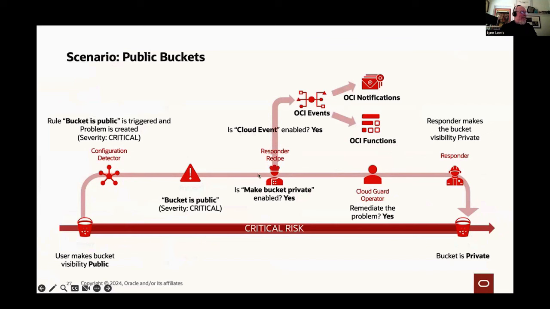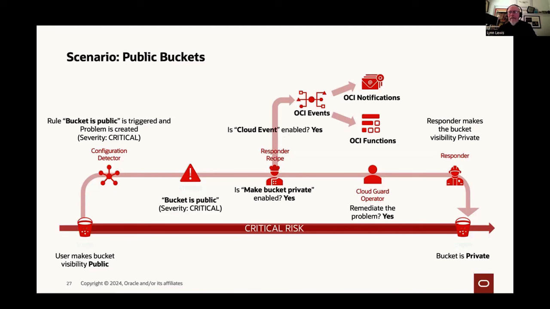And depending on the problem, sometimes there's two different routes for going about this. So sometimes you might have the more automated option. So if CloudGuard is enabled, you can be notified via the notifications event service and use functions to do something about it. Or is Cloud Event enabled? In this case, another route too is that a CloudGuard operator can go in manually and take action or dismiss it.